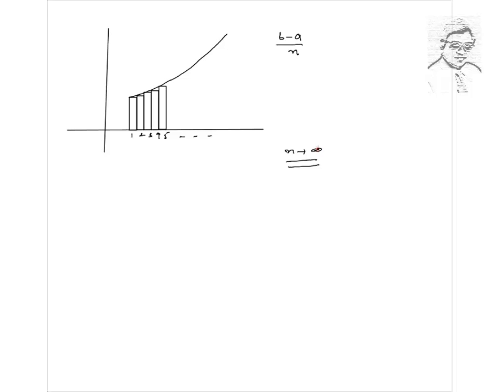Making n massive is same as making width very small, h. h approaching 0, if you make n approaching infinity, h approaches 0. So h in that discussion was nothing but the width of a rectangle. And how many such rectangles will be there? n rectangles will be there. And (B minus A) by n is h. So we had B minus A equal to nh.